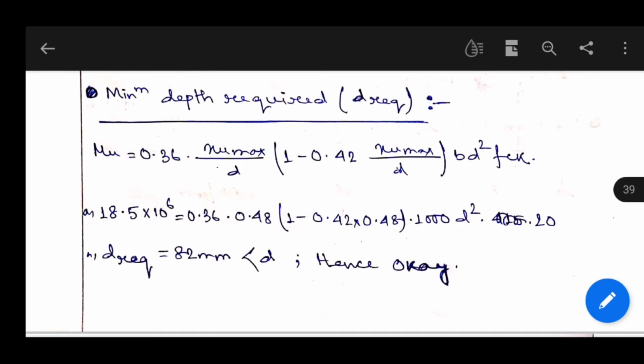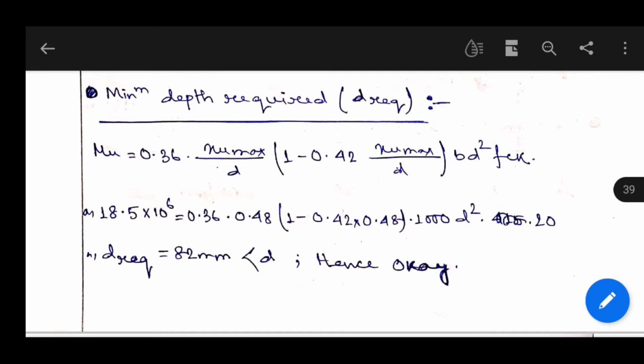So from the formula of Annex G, we may write Mu is equals to 0.36 into xu max by d within bracket 1 minus 0.42 xu max by d bracket closed b into d square into fck. So Mu, that means limiting moment.